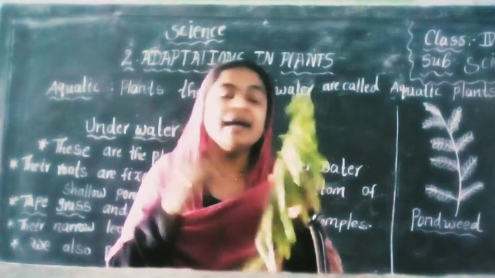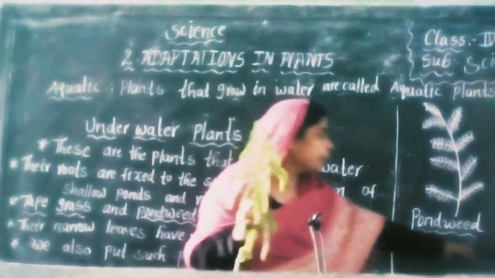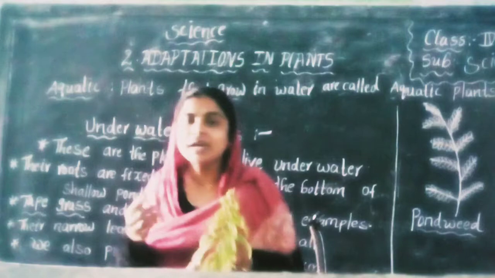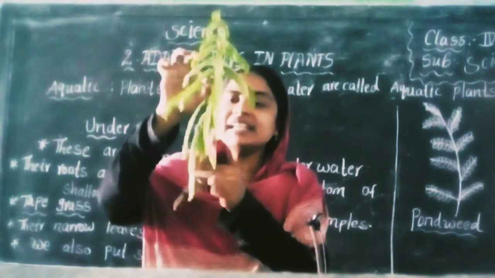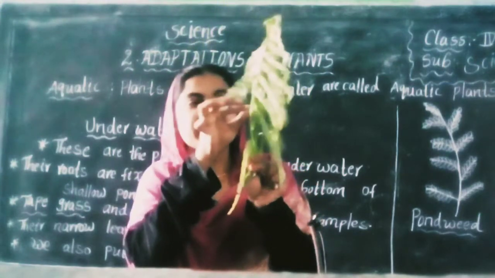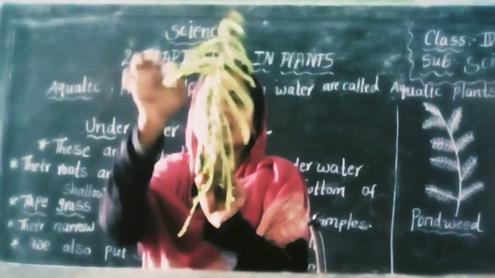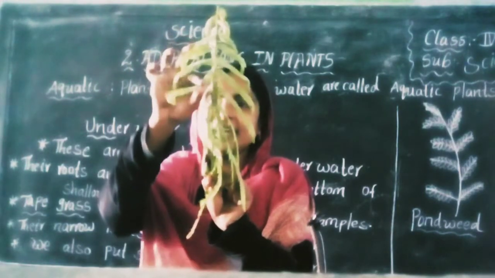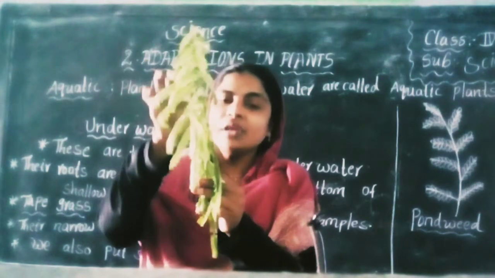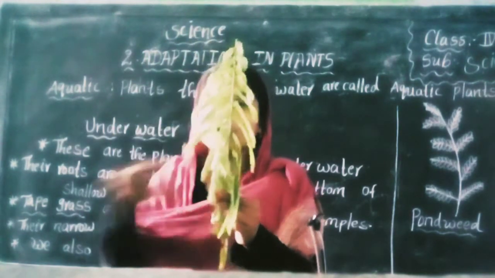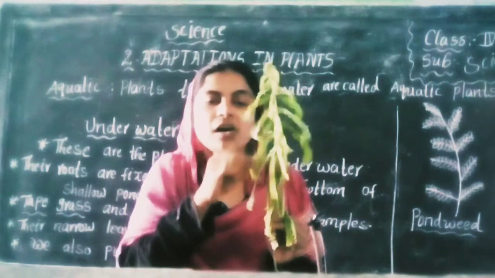Tape grass and pondweed are common examples. They have narrow leaves. See, children, narrow leaves, and no stomata at all.